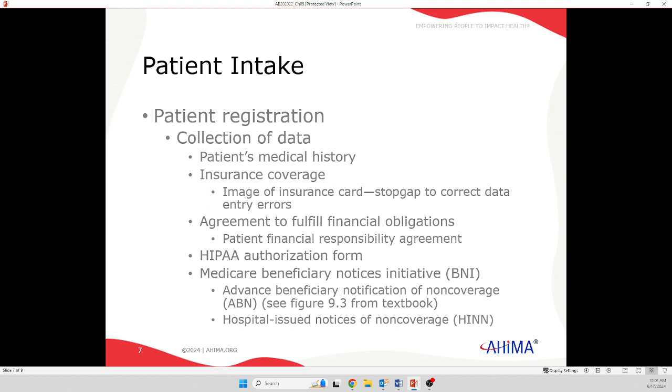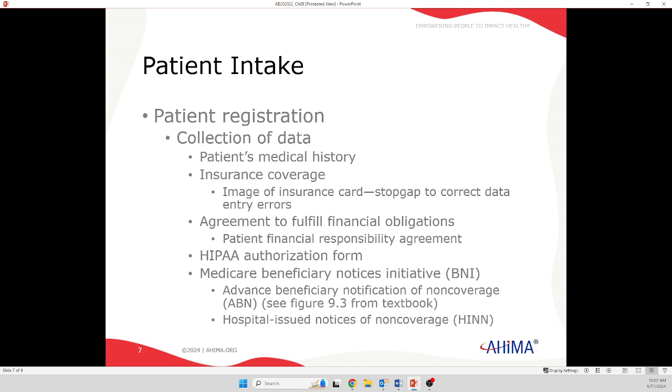We do a patient financial responsibility agreement, and this is what helps that patient understand what they're going to be responsible for. So basically, that patient financial responsibility is an agreement between the patient and the provider, so that the patient understands what they're responsible for, and what's not covered by their insurance company.